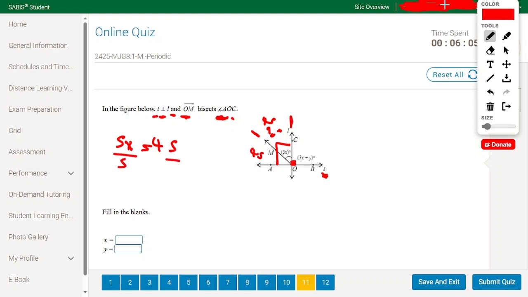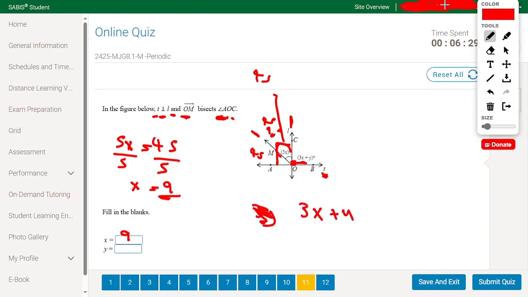So divide by 5, so here x will be equal to 9. So the angle here, x is 9, so 5 multiplied by 9 is 45. So x equal to 9. Now here I have 3x plus y equal to 90.